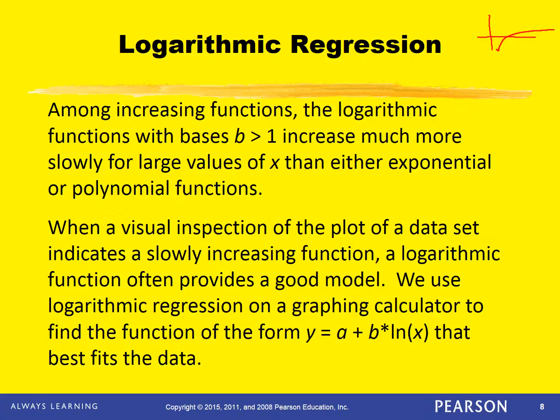When a visual inspection of the plot of a data set indicates a slowly increasing function, a logarithmic function often provides a good model. We use logarithmic regression on a graphing calculator to find the function of the form y equals a plus b ln x that best fits the data. So calculator would give us the a and the b that would give us a model that would fit data in that case.